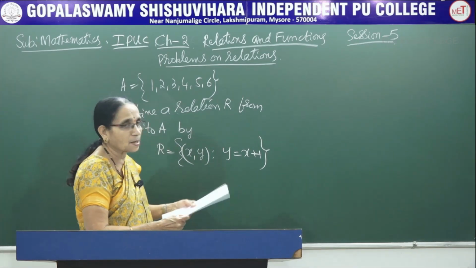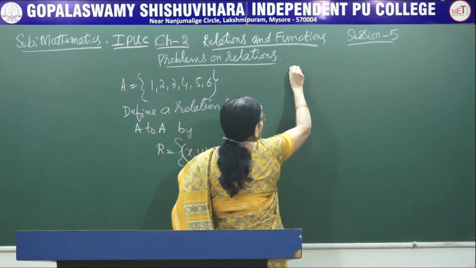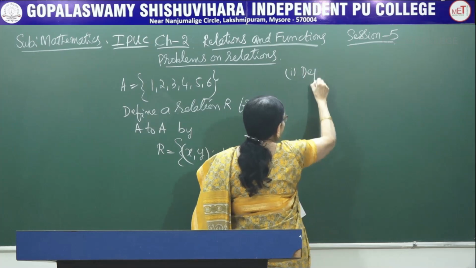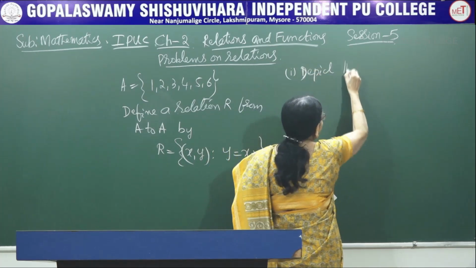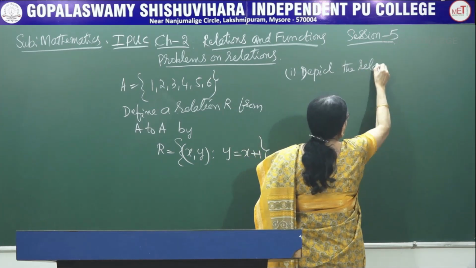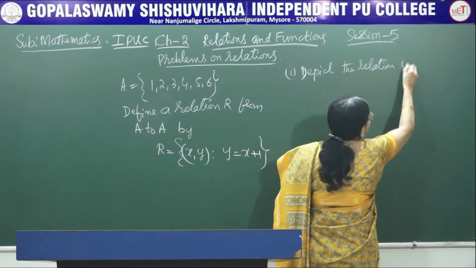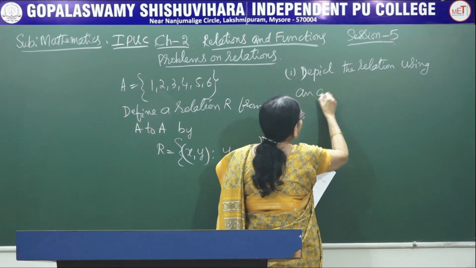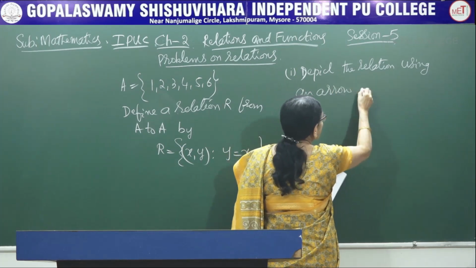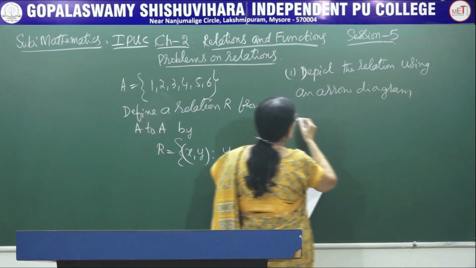So, two things have to be calculated. First one, depict the relation using an arrow diagram. This is the first part.